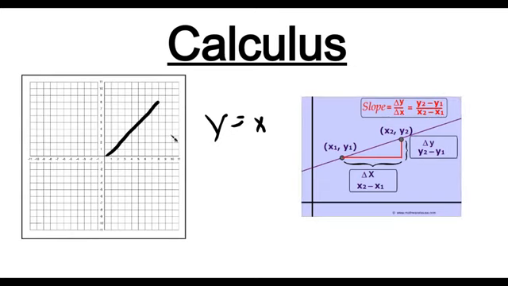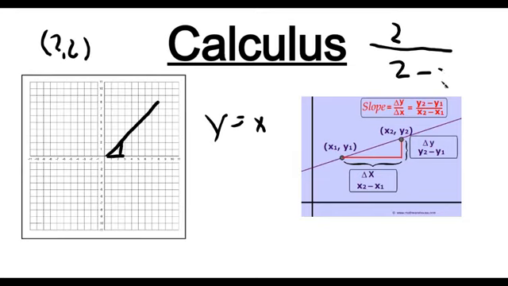So let's say we move 2 steps to the right in the x direction and 2 steps up. So that would be our endpoint with coordinates 2, 2. Let's plug those into the numeric values. So it would be 2 minus y1 divided by 2 minus x1.